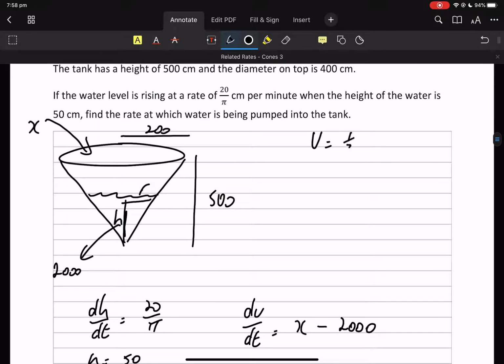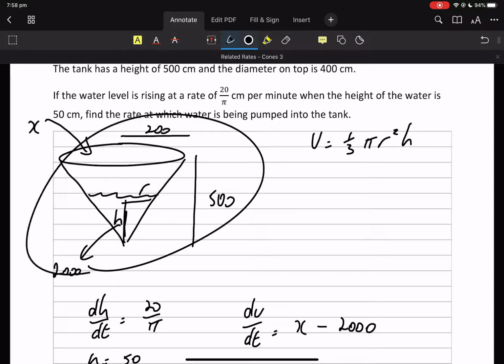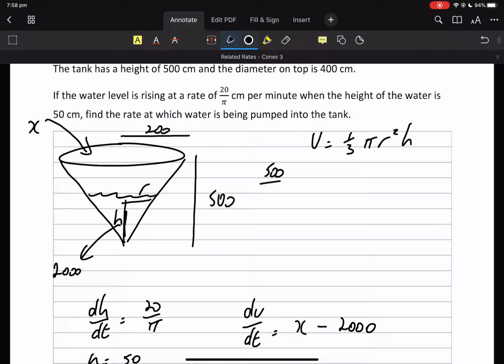V equals... So we've got to get rid of this r. We're going to come over here to this diagram and go similar triangles. So height on radius equals height on radius. I want to get rid of r, so r equals 2/5 of h.